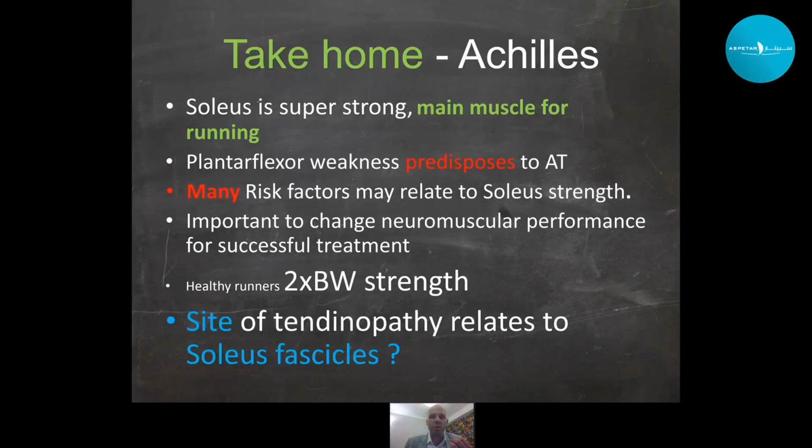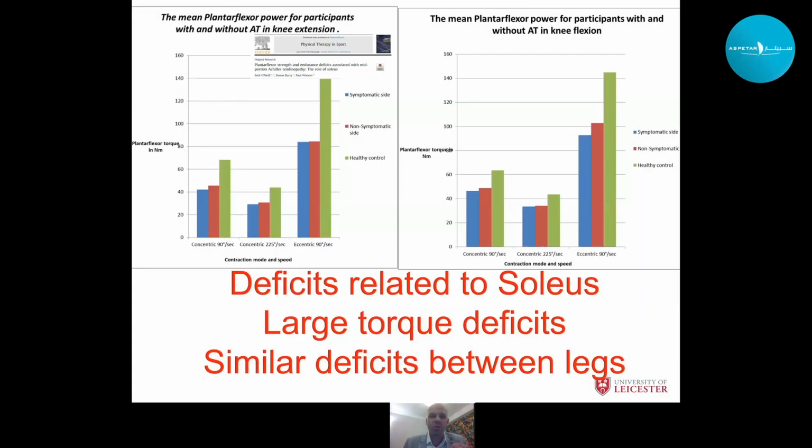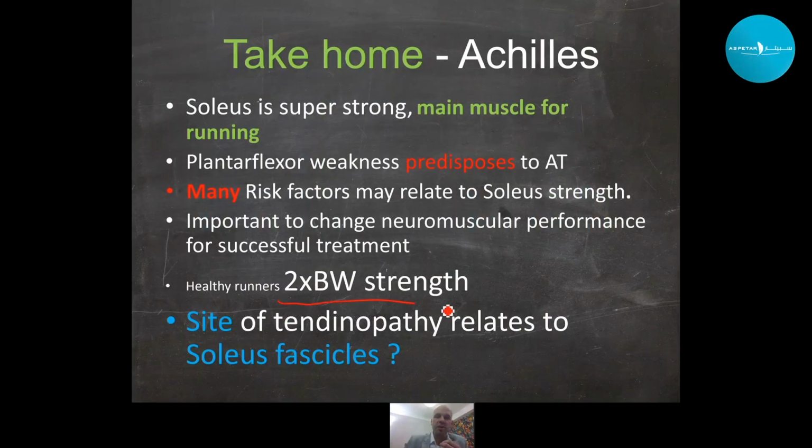Now, one of the important bits is to understand how strong these muscles are. Okay, it has it on here. We should be looking at twice body weight as our particular aspect. We need to think about these risk factors being linked to the neuromuscular elements, not just about the tendon structure.